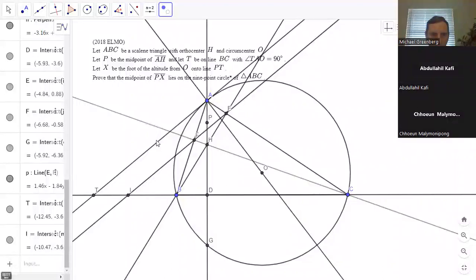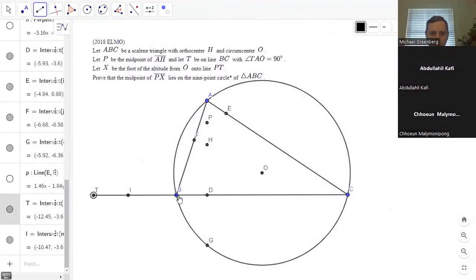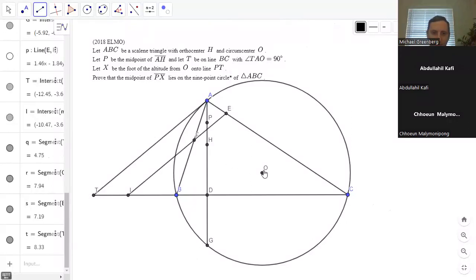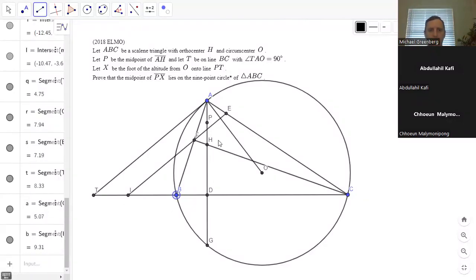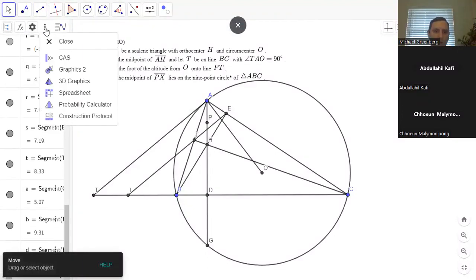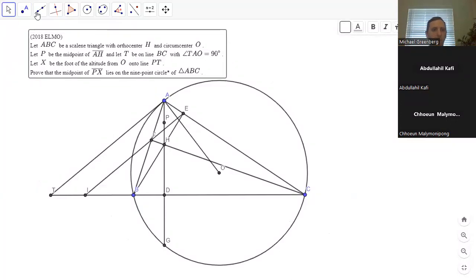Okay, so X is the foot of the altitude from O to the line PT.